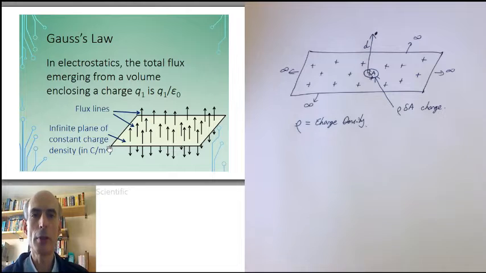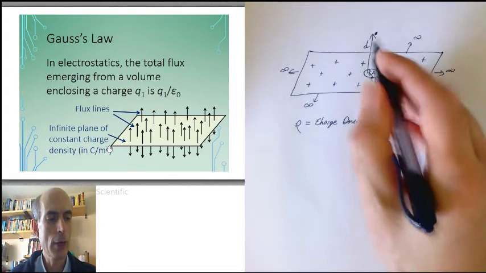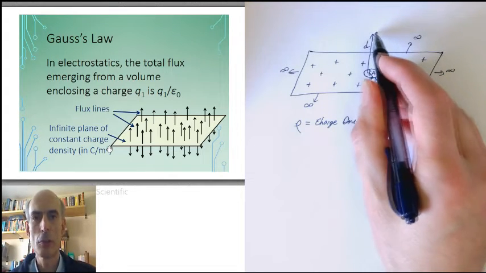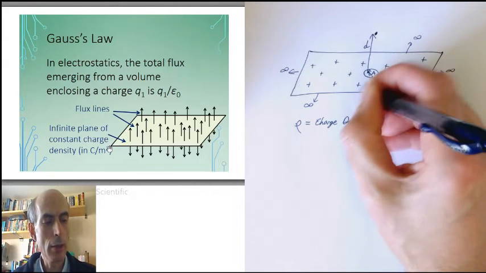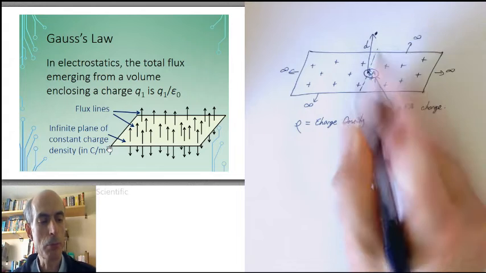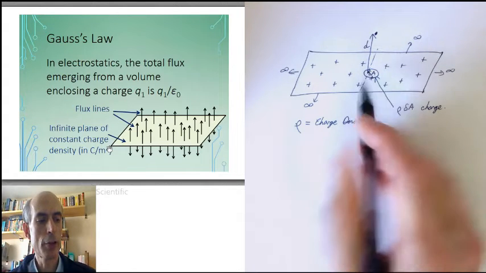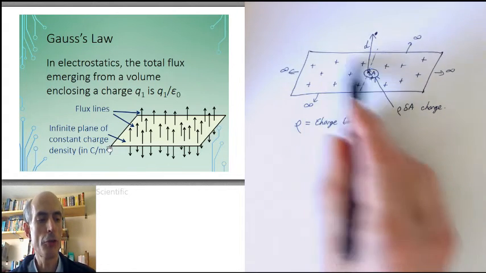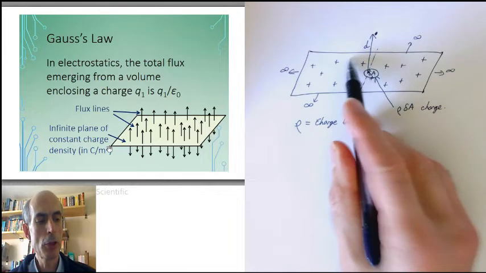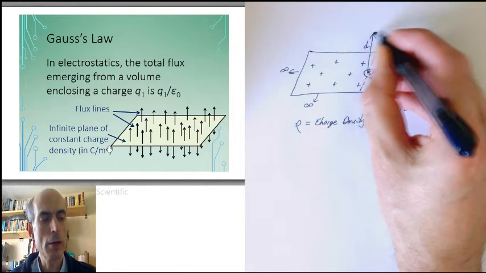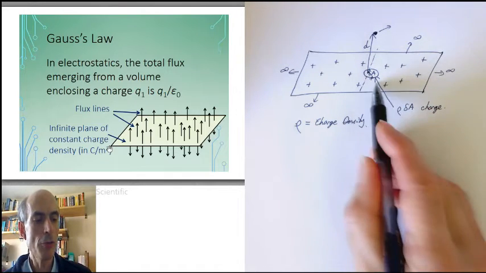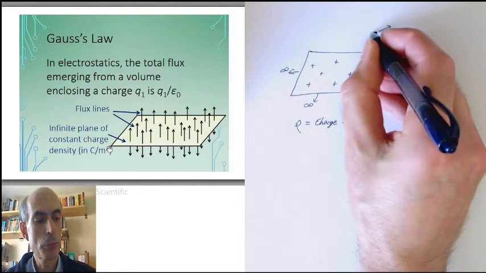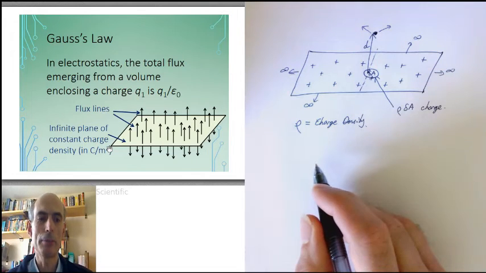Well, first thing we can do is work out in what direction the field would be at that point there. I can draw any line at all through that point and look at the effect of all of the charges on this side of the line. They will be trying to push a unit charge there in that direction. All the positive charges on this side of the line would be trying to push the unit charge in that direction.